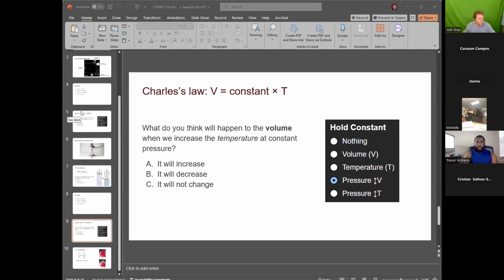But ultimately, what we're interested in is the amount of a gas, the volume of a gas, the temperature of a gas, and the pressure that that gas is under.